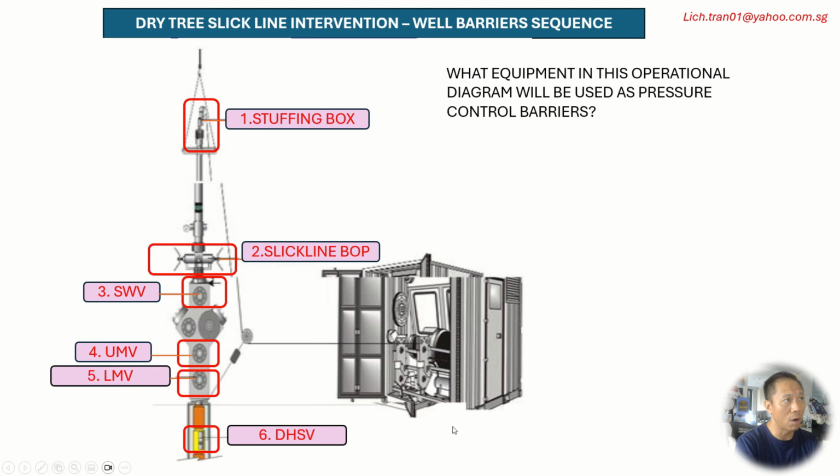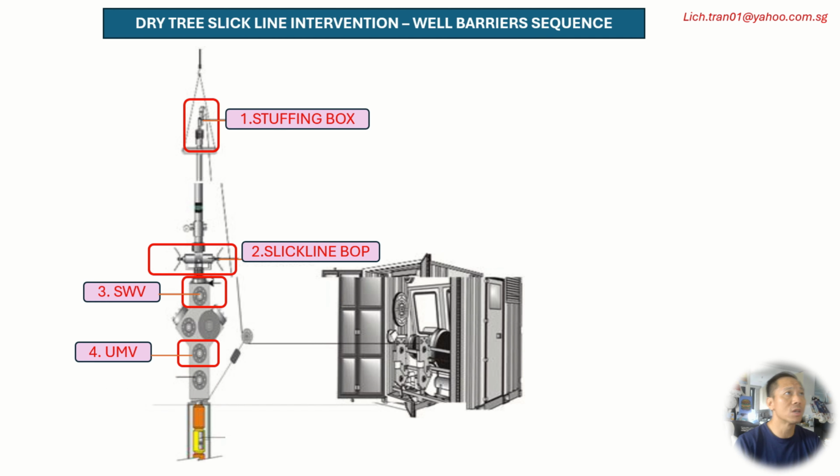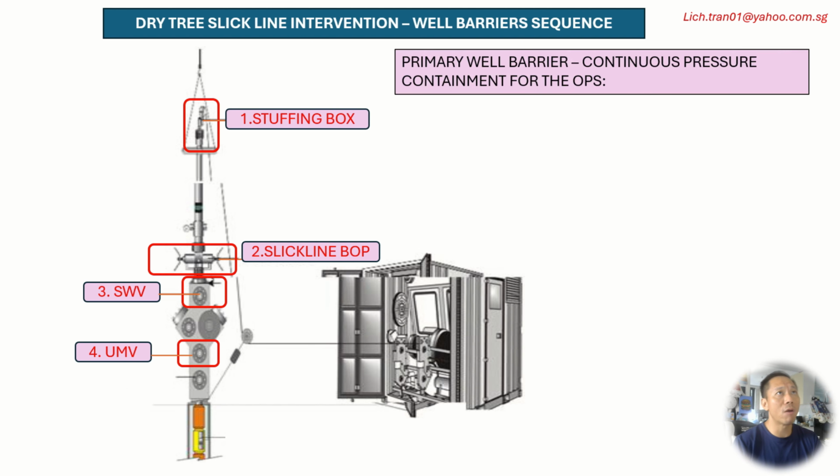Alright, so basically you will have stuffing box, slickline BOP, swab valve, and upper master valve. Those four pieces are the equipment that you'll be using as your pressure control barrier. Alright, so first we define what is a primary barrier.